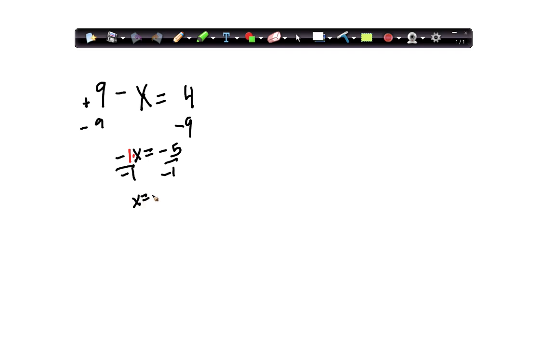So x is equal to 5. And that is G. So in my notes, I'm going to write for G 5. And on the next card, we're going to connect those. And so this is G.